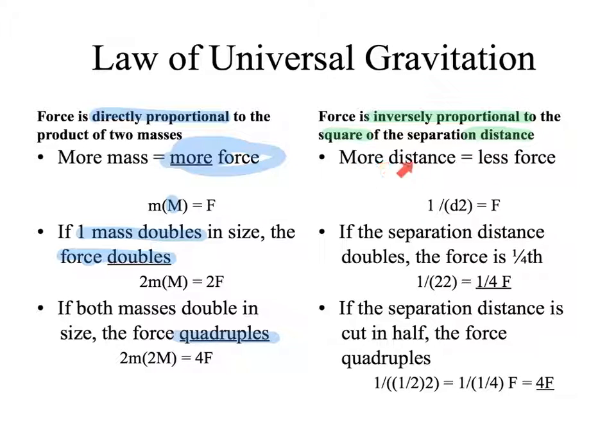Now, it's not as simple as saying, well, my distance goes up by 1, so my force goes down by 1. It's not that easy because it's the inverse square. Okay, because in my equation, which I'll show you on the next slide, my distance is in the denominator and it is being squared. So if the separation distance doubles, meaning the distance increases, then my force is going to get weaker.